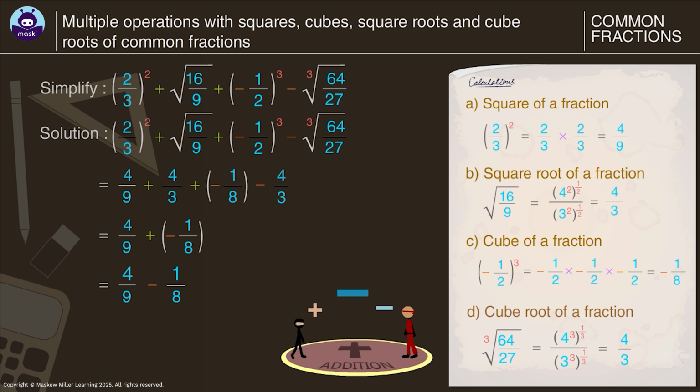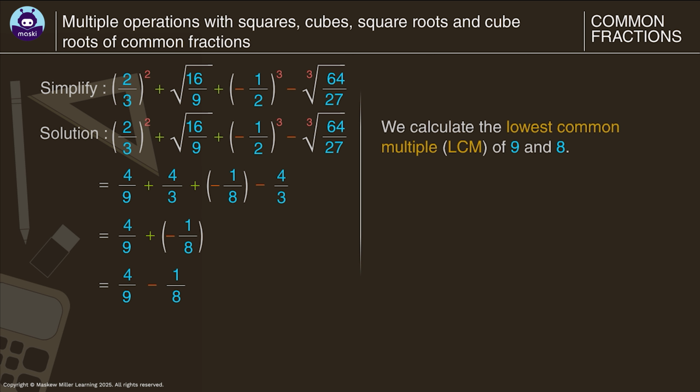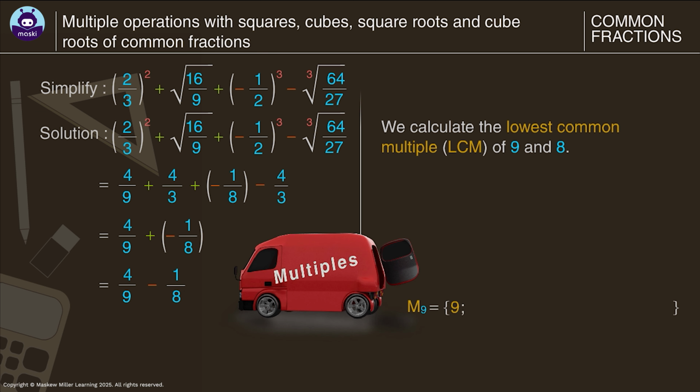We cannot subtract the numerators as the denominators are different. Using our knowledge of multiples, we calculate the lowest common multiple, LCM, of the denominators. The multiples of 9 are 9, 18, 27, 36, 45, 54, 63, 72, and so on.